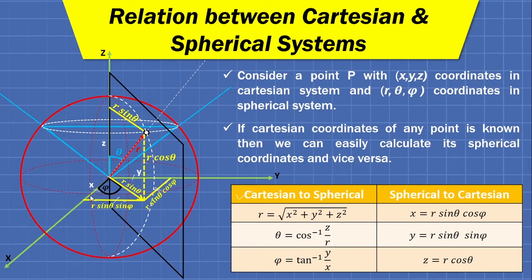Fine. So these 6 equations, which are very easy to understand, very easy to derive, are going to be very useful whenever we need to convert any point from one coordinate system to another.